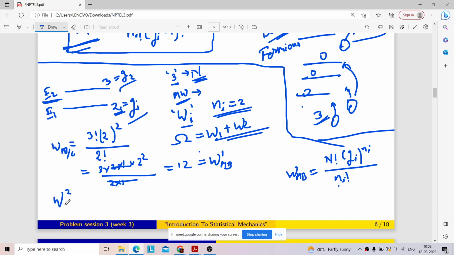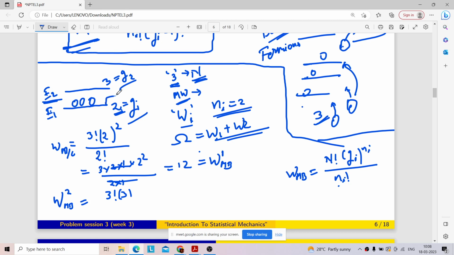So W2 will be: how many total particles are there? 3. So 3 factorial. But this time the degeneracy is 3, so 3 to the power number of particles. Sorry, there are 3 particles, right? As they are classical, I can put 3 particles in a single state.